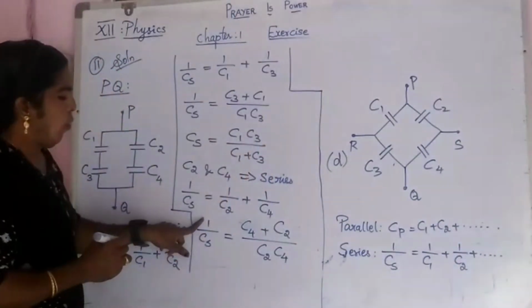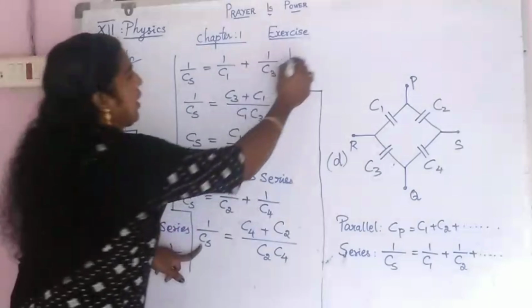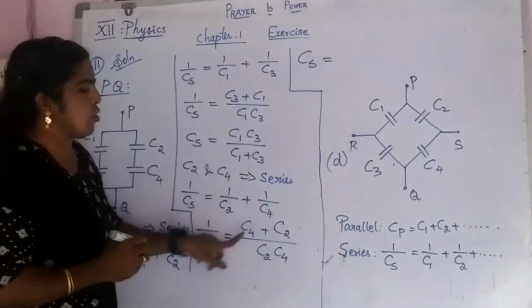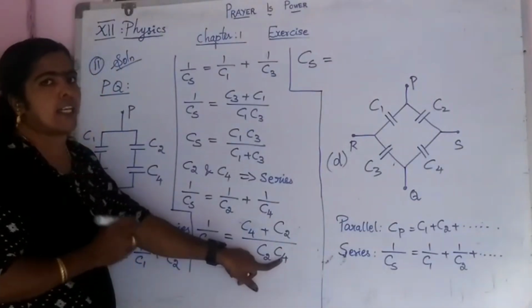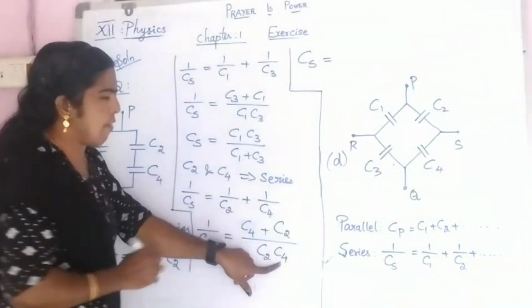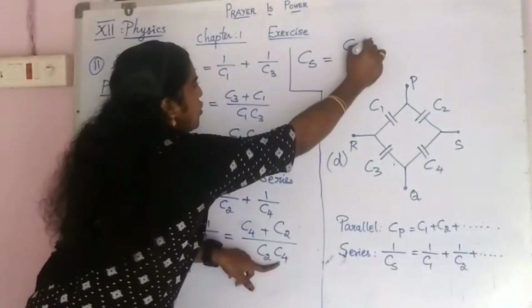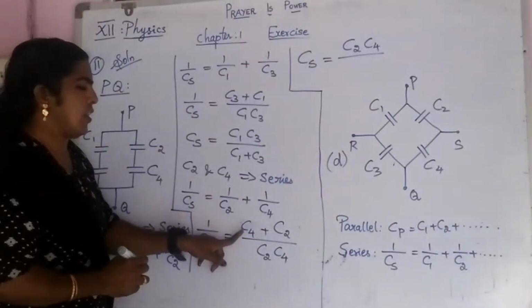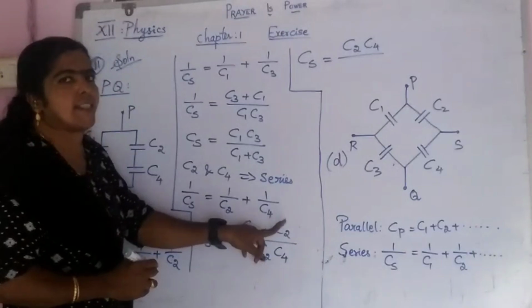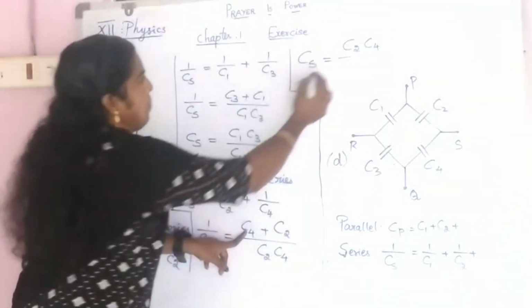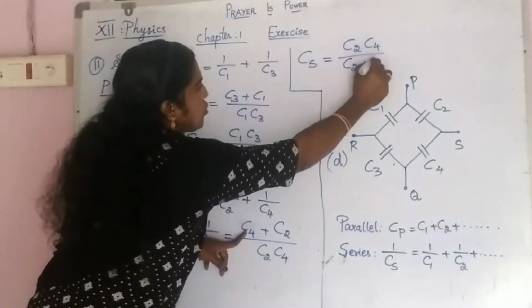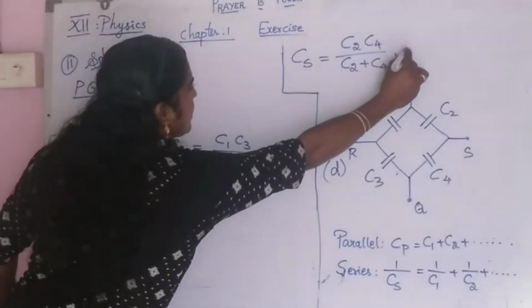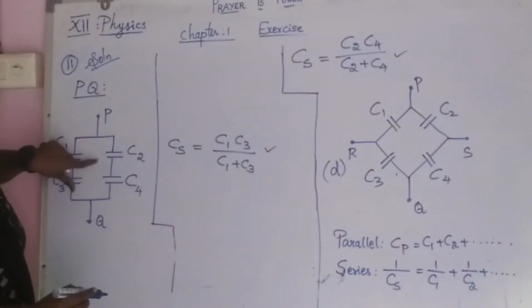Next line, take the reciprocal: Cs is equal to C2 C4 divided by C2 plus C4. C4 plus C2 and C2 plus C4 are the same. By using this series and this series, we are redrawing the circuit.